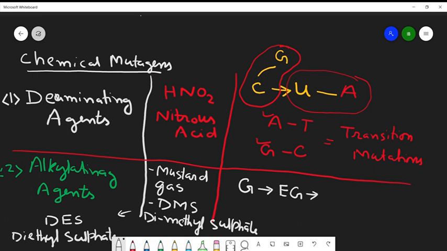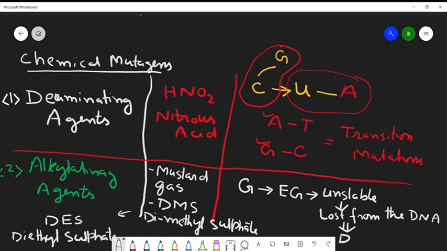When it is unstable, it is usually lost from the DNA, and this results in a phenomenon which is called depurination.